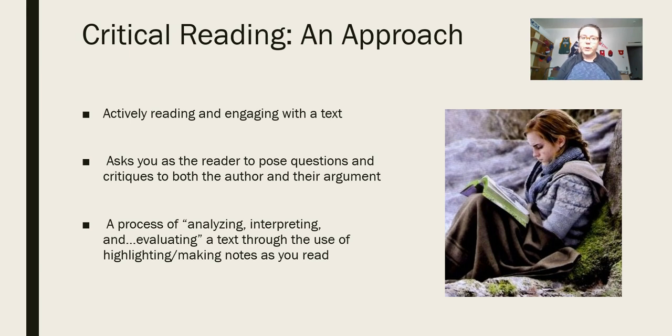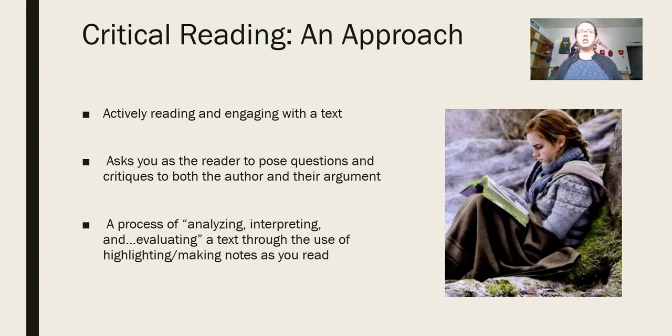Now, as you go through a text, critical reading then asks you as the reader to pose questions and critiques to both the author and their argument. As you're going through, you might find yourself saying, oh, that is an interesting conclusion, but it reads more like a slippery slope argument. So I'm curious, if they were to approach it in this way, how might that change the outcome? Or, oh, this is a very interesting way to approach this issue on how they're gathering the data that they are referencing to support their argument.